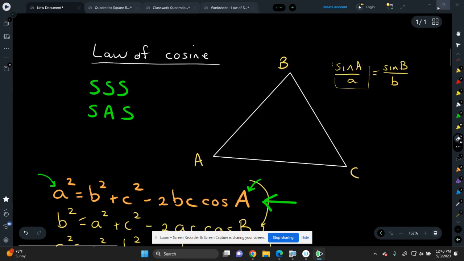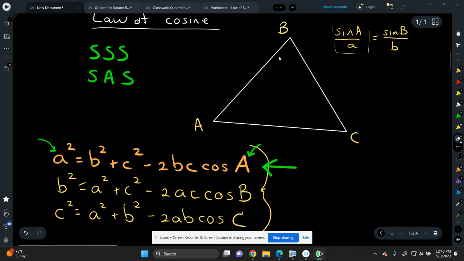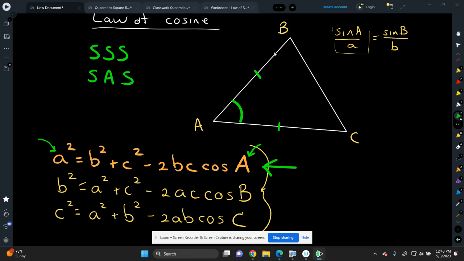Let's say that I'm trying to find side A. In order to find side A, I need side B and side C, and then the angle that's between them: side B, C, and angle A. I wouldn't be able to use the law of sine here because in order to use the law of sine, I need side A and angle A, and I don't have both of those.